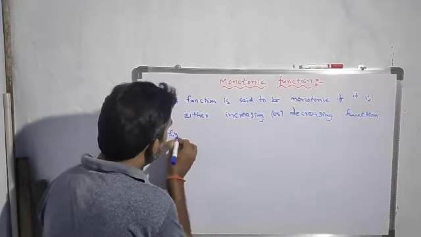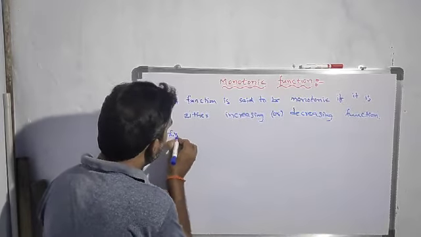Okay, suppose if you take a function like this. So you can take this function is decreasing function. According to the graphs, you just take this.